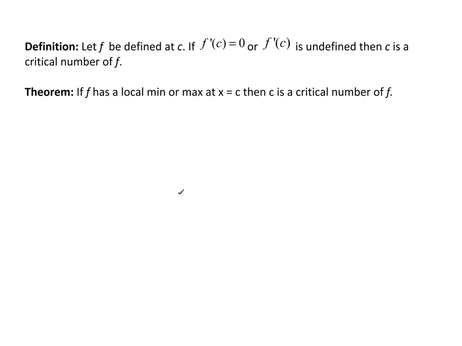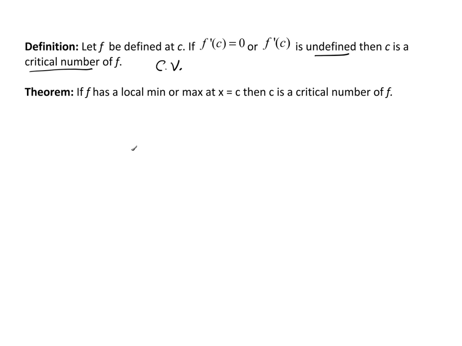Now, with that comes a definition and a theorem that is extremely useful if we start doing some type of analysis on a function. Let f be defined at c. If f prime of c is 0, that's the first derivative evaluated at c equals 0, or the first derivative evaluated at c is undefined, then c is what's known as a critical number, or I commonly refer to it as a critical value of f.